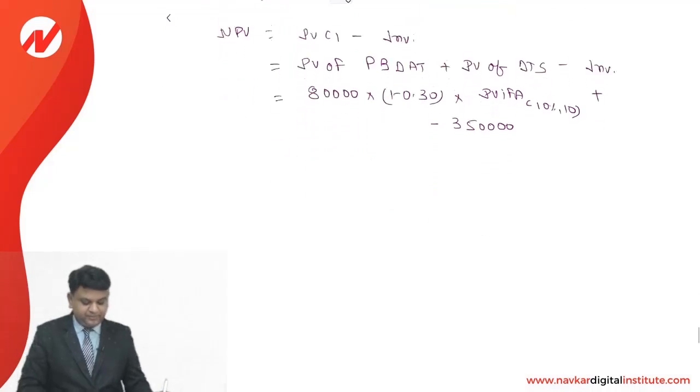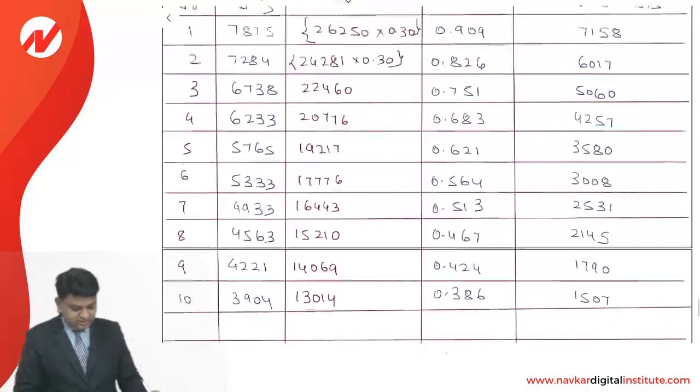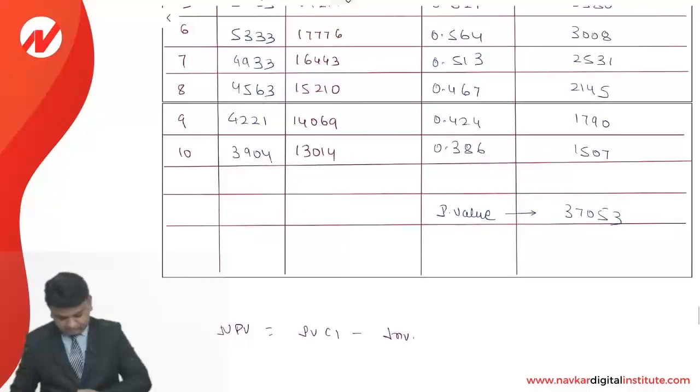Okay. Now let us do further working. Total of this 10 years annuity factor is 0.909 plus 0.826, 0.751, 0.683, 0.621, 0.564, 0.513, 0.467, 0.424, 0.386, which is 6.144.